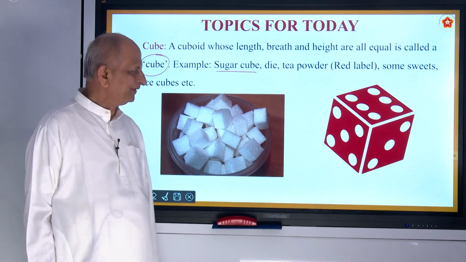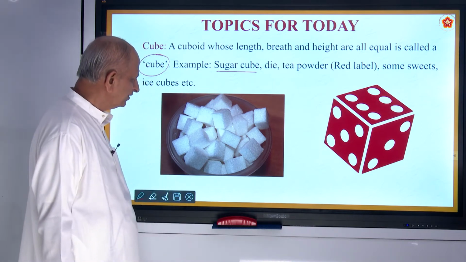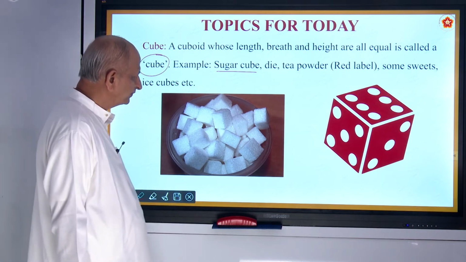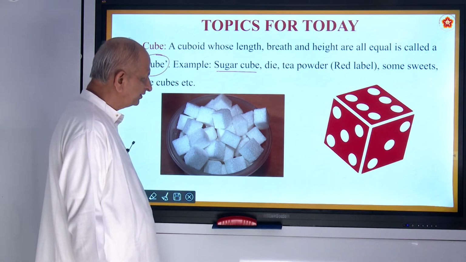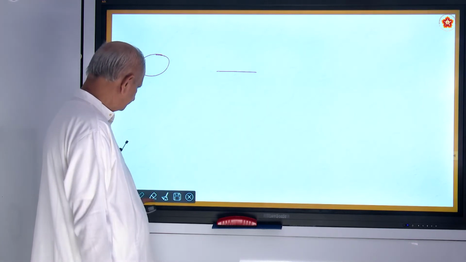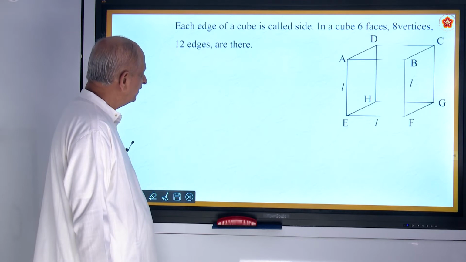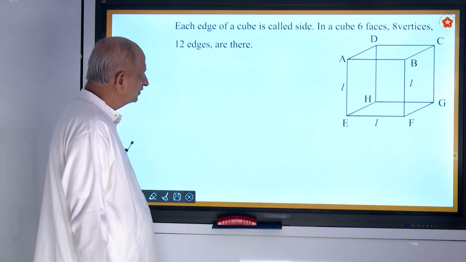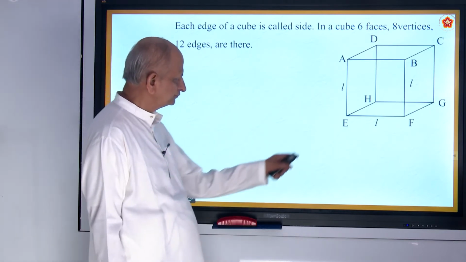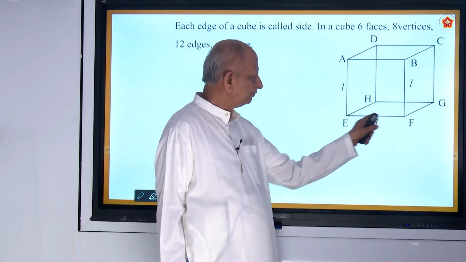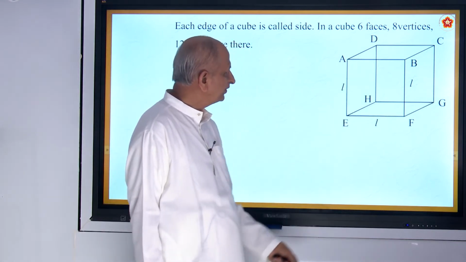And all of them will be in the shape of a cube. So what is the shape of a cube? It has got 6 faces. Each edge of a cube is called a side. So this is called the side of a cube. It has got 6 faces.